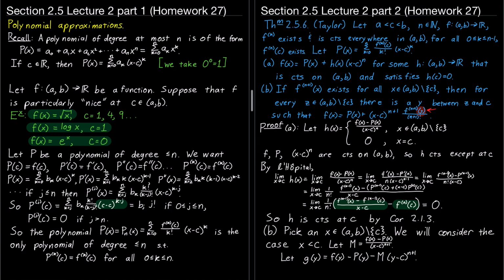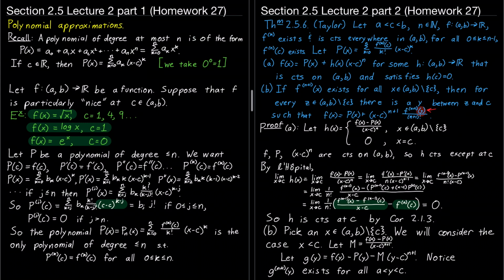So we're going to notice that the n plus 1 derivative of g exists for all y between a and c.